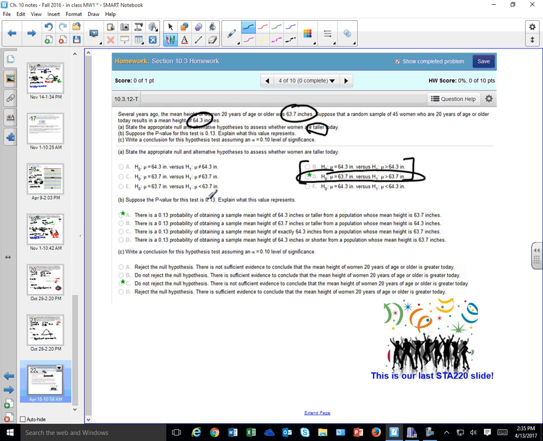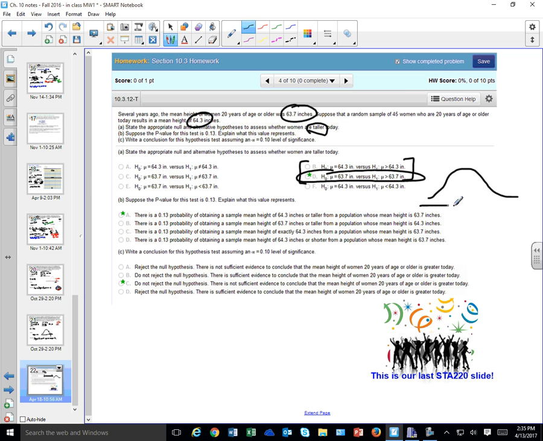If the p-value is 0.13, what that's telling us is there's a 13% chance of getting a mean height of 64.3 inches or taller if the true mean height is 63.7, right?